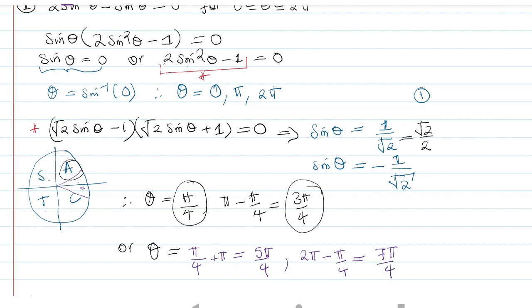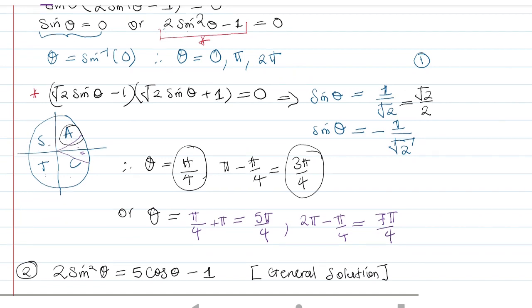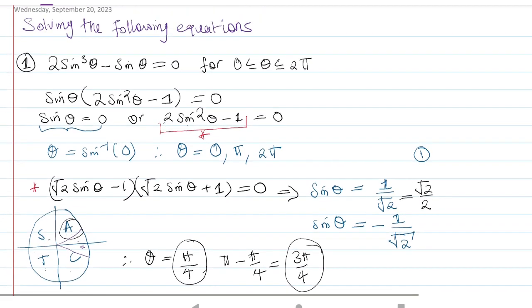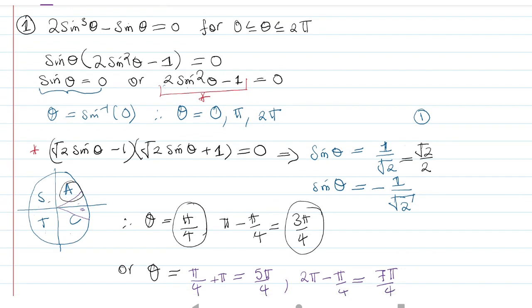Okay, so what is the conclusion? Given this equation, 2 sine cubed theta minus sine theta equal to 0, on 0 to 2 pi, the first angles are 0, then pi and 2 pi.